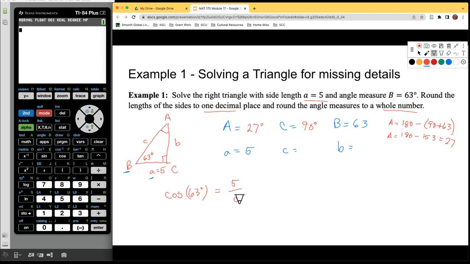So now we can just solve for C, and one way is using some algebra. We multiply both sides by C to get it up, and then divide both sides by cosine of 63 degrees.